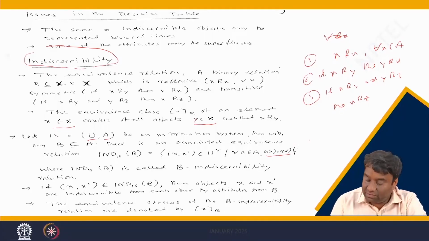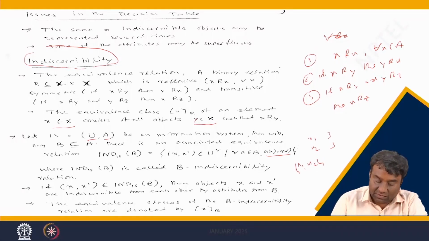I mean, if you take two objects x1, x2, and this value is 3 and this value is 3, then you can say these two are the same. So the indiscernibility becomes a class, and x1, x2 becomes an equivalence class. You can write like that.